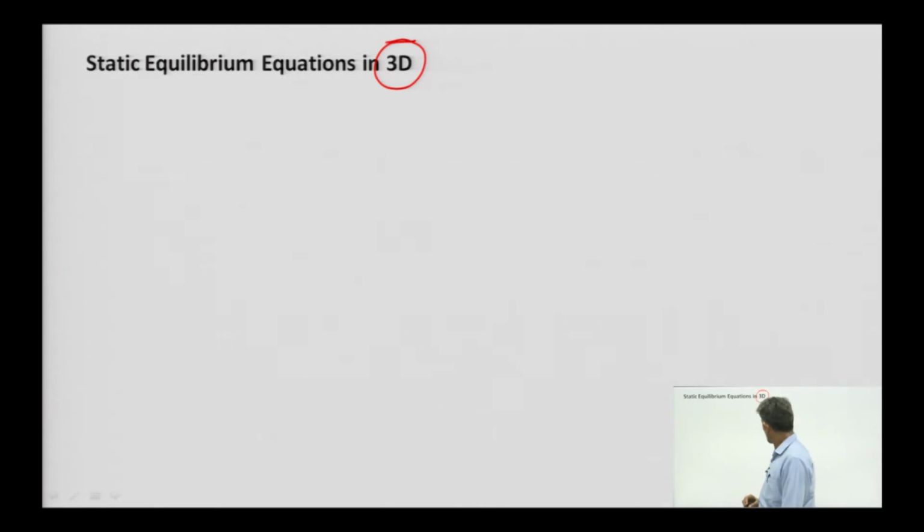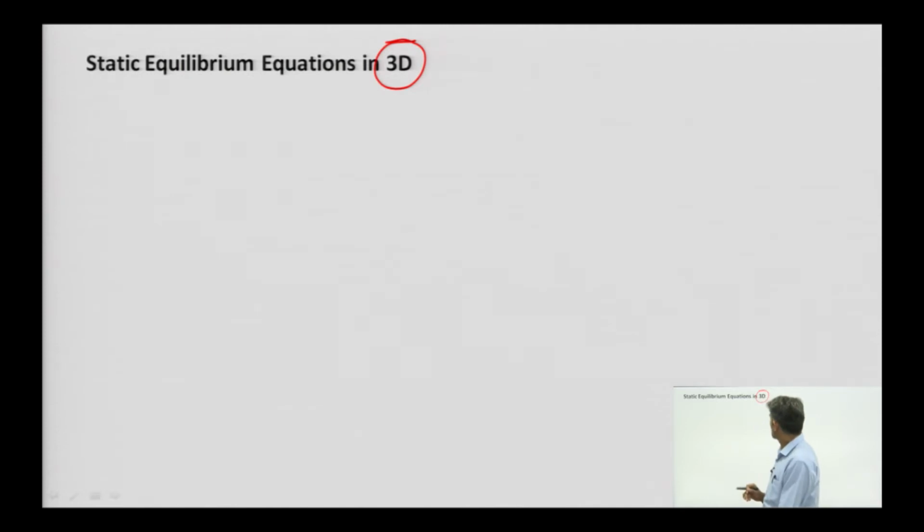In 2D, we have sigma Fx equal to 0, sigma Fy equal to 0, sigma Mz equal to 0. That has been told in your previous classes, and we solved a few questions also.